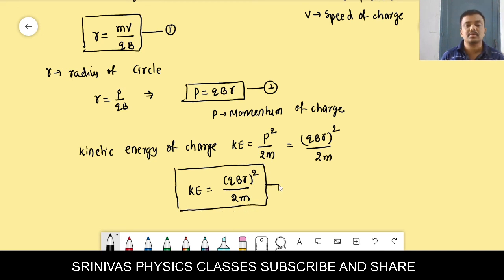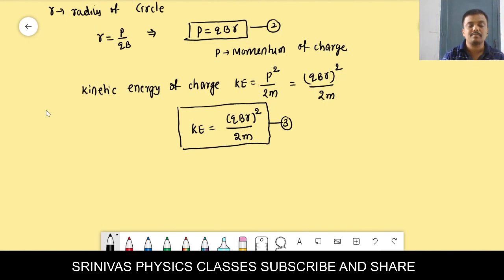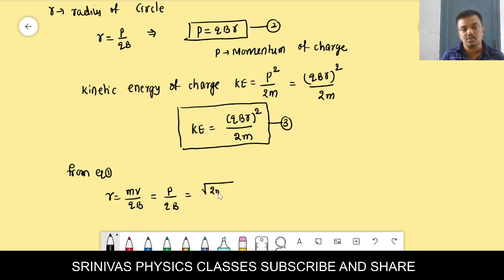This is equation 3, and I want to derive different formulas for the radius. Previously, from equation 1, we write the radius formula as r is equal to mv by qB. Here mv is momentum. Momentum in terms of kinetic energy we can write as under root 2m KE.